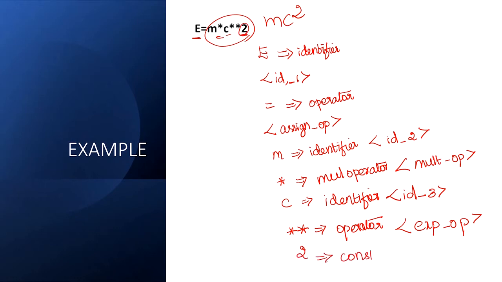How do we represent a constant as a token? We write it as number followed by the constant itself. What type of constant is it? It is an integer constant. So we write integer value 2. This is how we segregate each and every character in a program as a token.